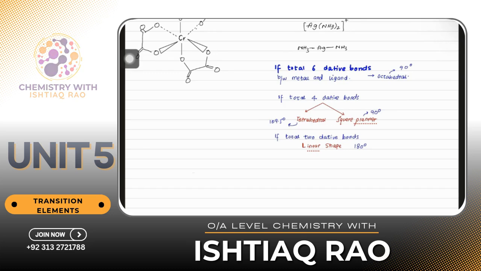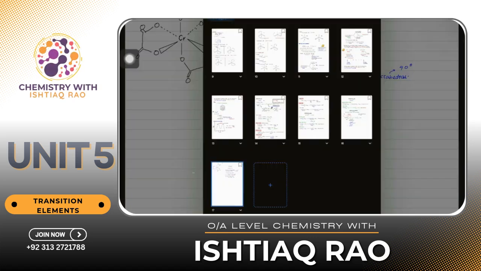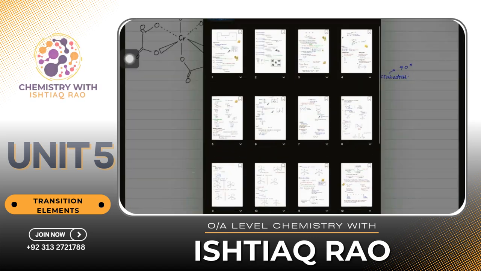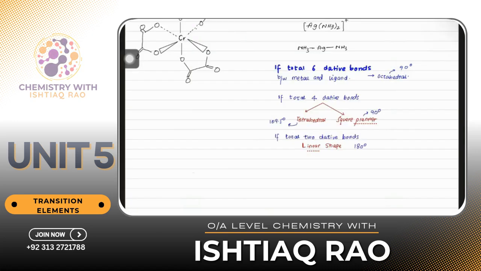You're not supposed to know about many complexes with many examples. It's very simple. And then let's talk about isomerism. It's a very vast topic. Again, according to the specification, hopefully you previously knew about the cis and trans concept in organic chemistry.